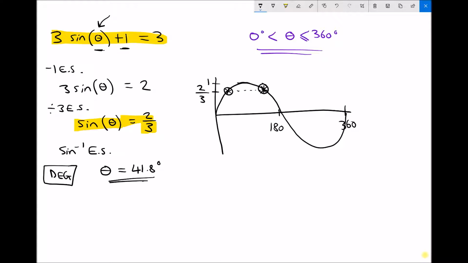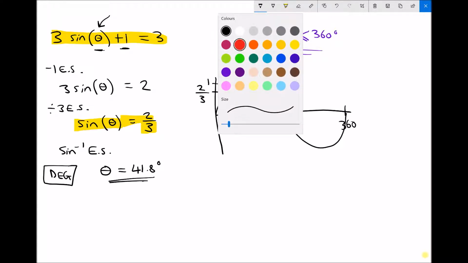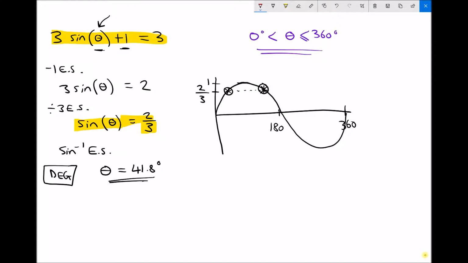Now by producing that sketch, we can determine what that value is going to be, because the distance from 0 to our first solution, this distance here, is 41.8. So this distance here is also going to be 41.8 degrees, because what we have is a mirror image.